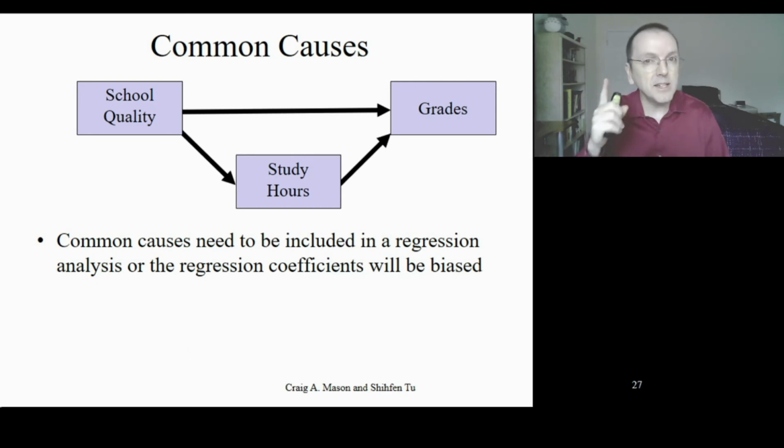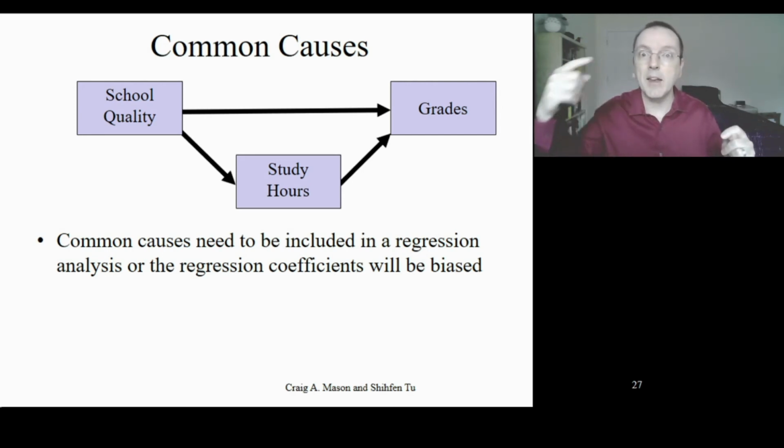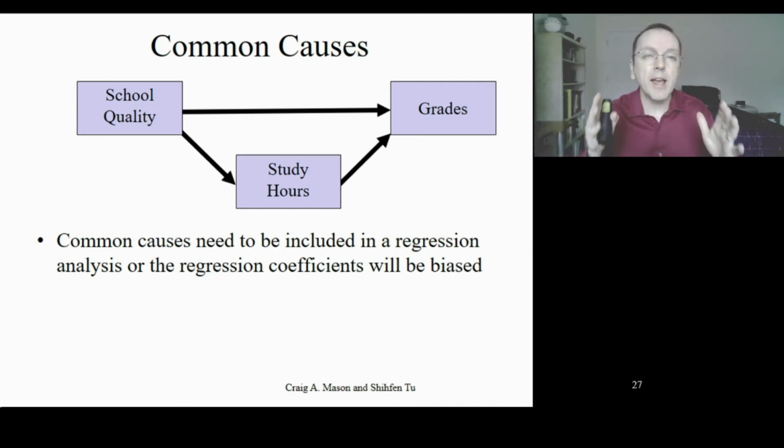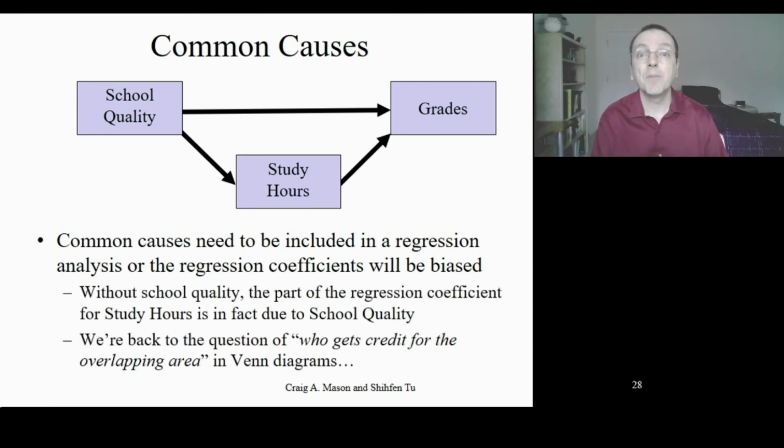Now, this is important. If I want to accurately estimate the effect of a predictor in my model, I need to include everything that is a common cause for both that variable and the outcome. In this case, if I wanted to accurately estimate the effect of study hours, I must include school quality in the model as well, because school quality is a common cause of both study hours and our outcome, grades.